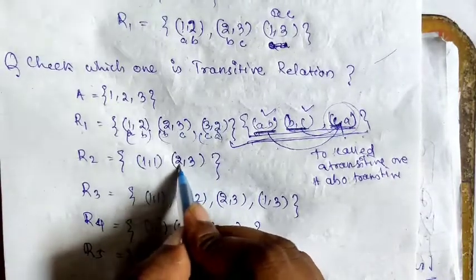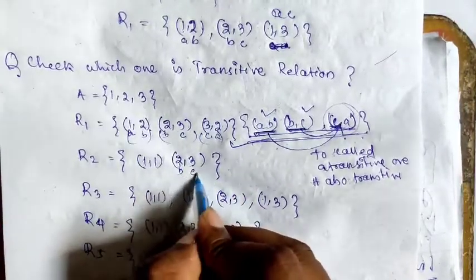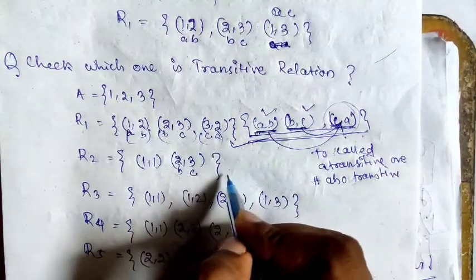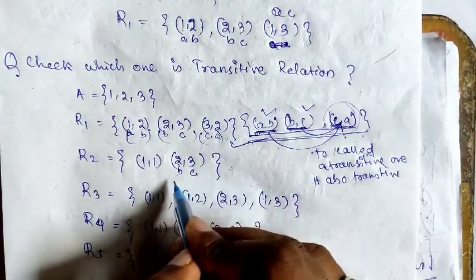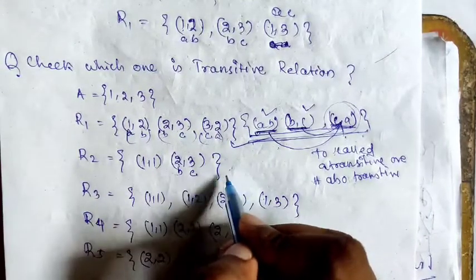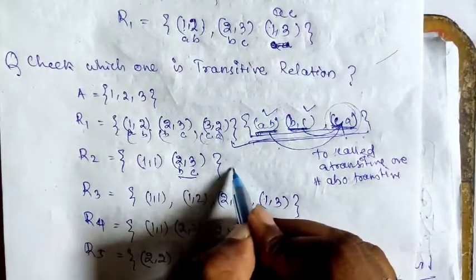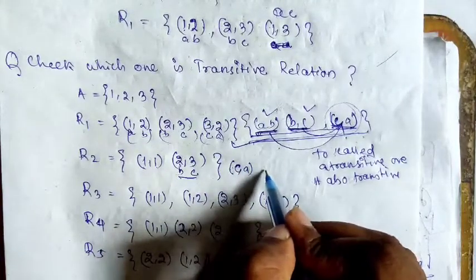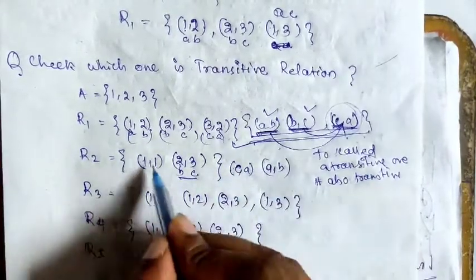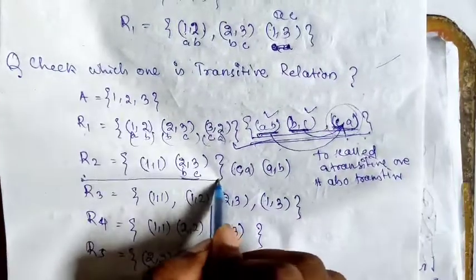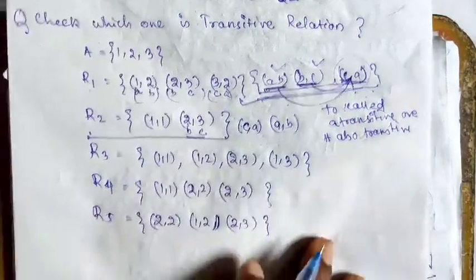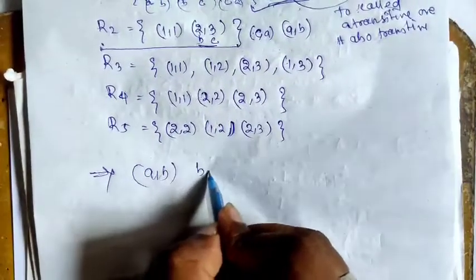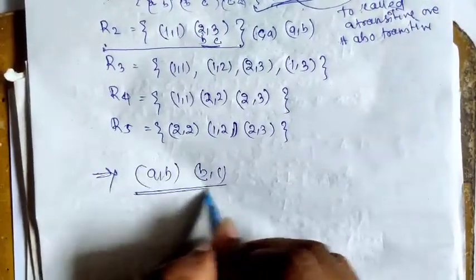If we consider 2 as B and 3 as C, then CA is missing, but it does not have CA and AB, so it ultimately becomes a transitive one. For transitivity, it is necessary for AB and BC to be present.